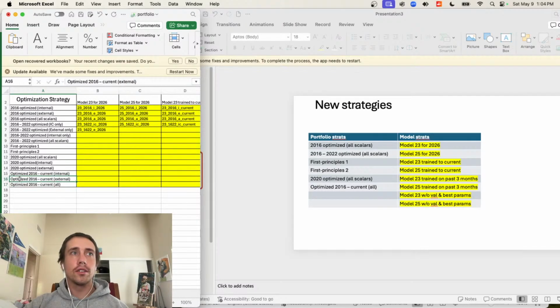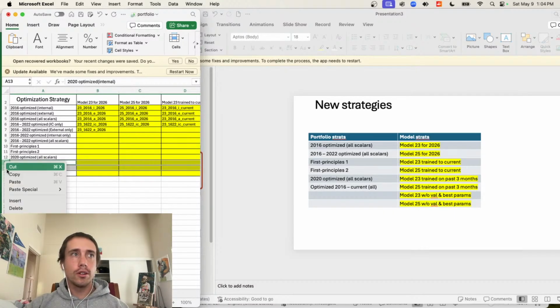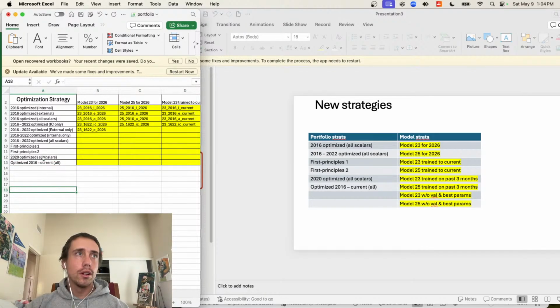Optimize 2016 to current. All right, get rid of these two. 2020 optimize, get rid of those. I do want to optimize for 2020 with all scalars. First principles 1, first principles 2. I don't even, but that's fine. 2016 to 2022 optimized all scalars.